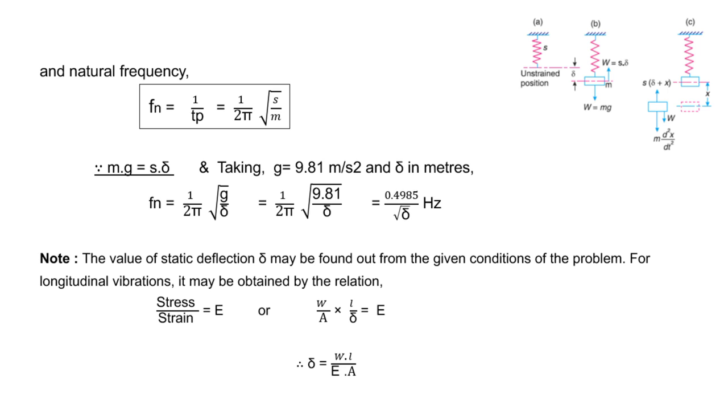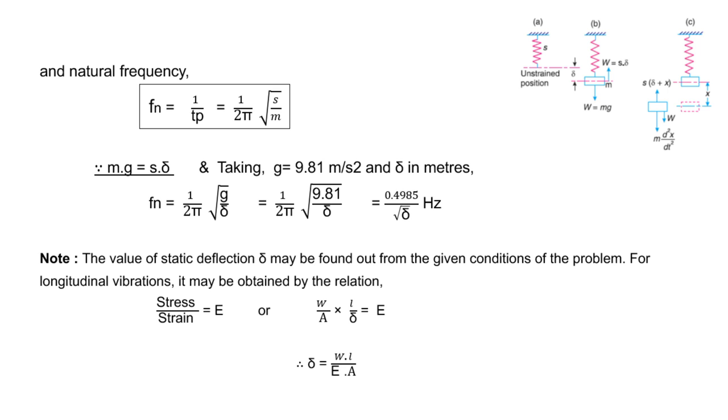Now note that the value of this static deflection delta can be found from the given conditions in the problem, and for longitudinal vibration it may be obtained by one relation, that is stress by strain is equal to E. E is Young's modulus. Stress by strain is equal to E, or stress you can find out in this problem as W by A into L by delta is equal to E. Delta is equal to WL by AE, or EA.